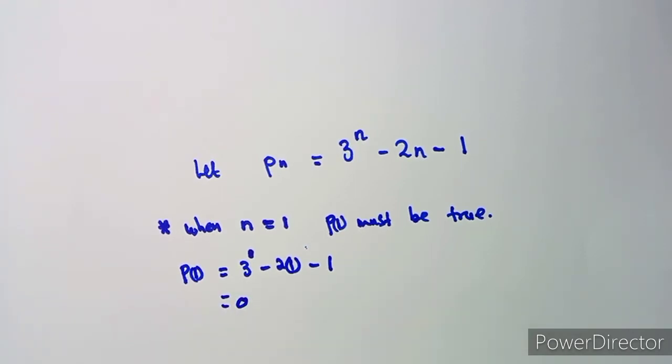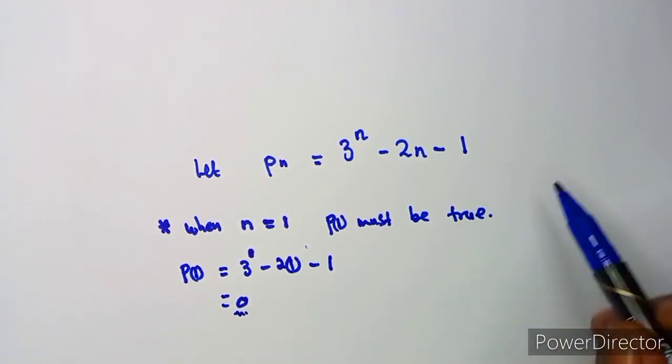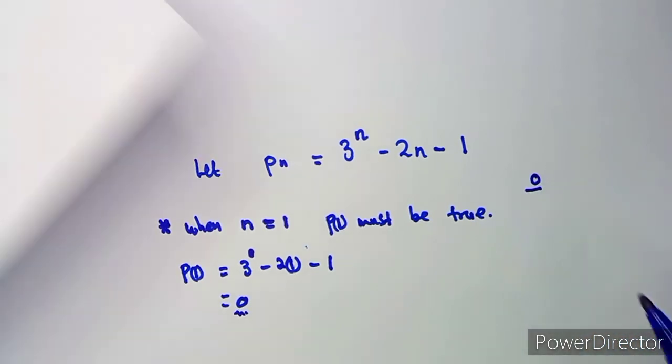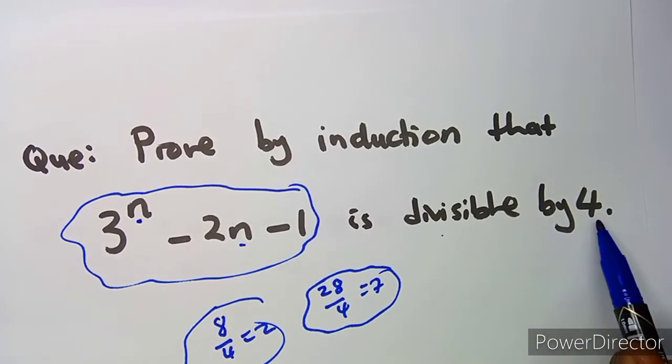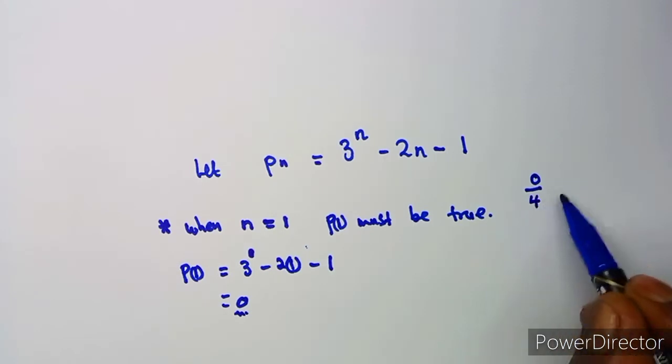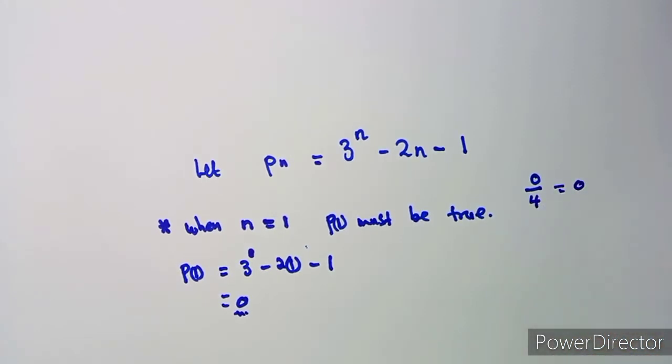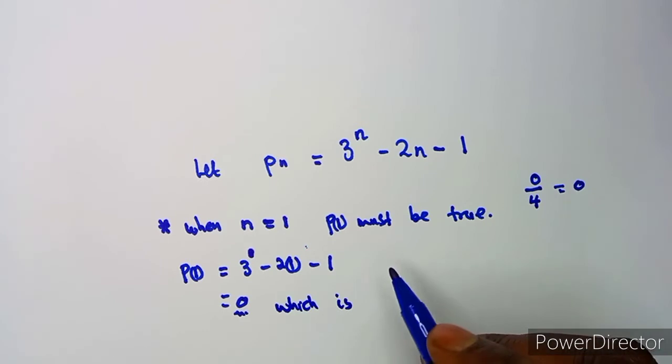So obtaining a 0, what does it mean? It is divisible by 4. If we divide 0 by 4, we are going to obtain an exact value, which is 0. So that means this is true, which is what? Divisible by 4.